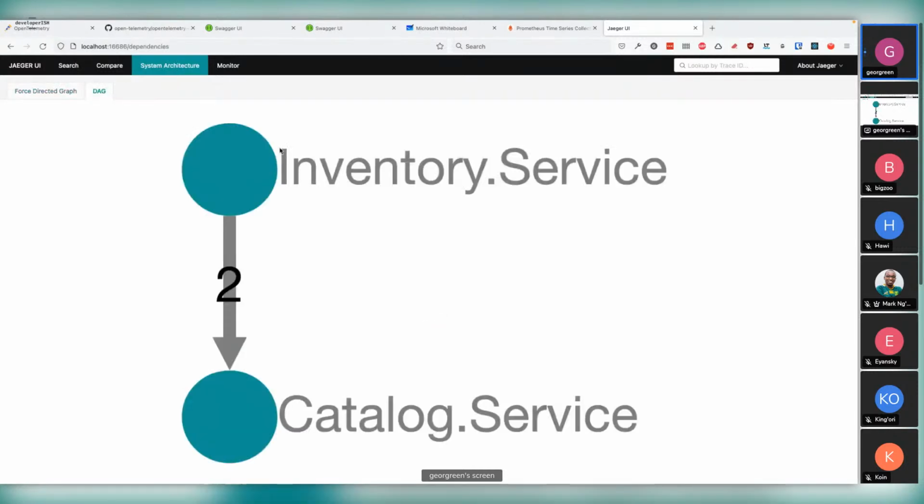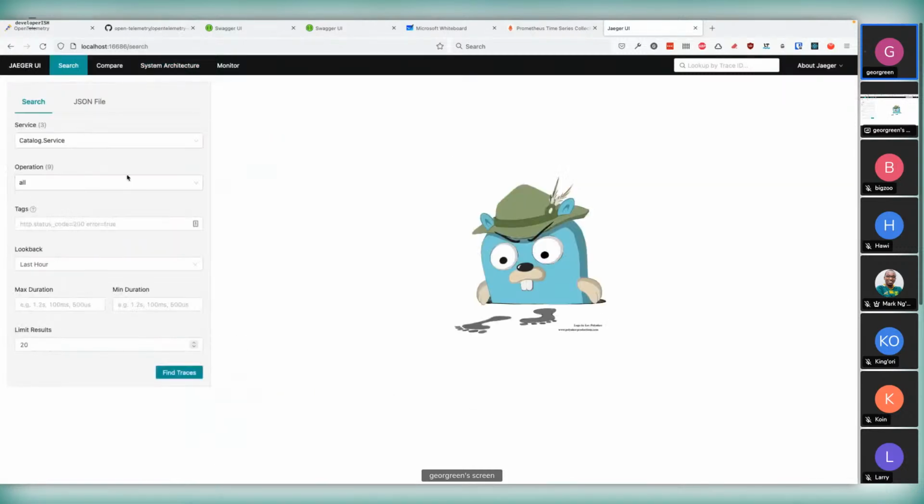We can see we have 2 services, and there's this thing called an inventory service that somehow is able to call into the catalog service, and it seems to have done this twice. So even without looking at our code, we're starting to get an understanding of what exactly our services look like. And this is the whole idea behind this observability movement.